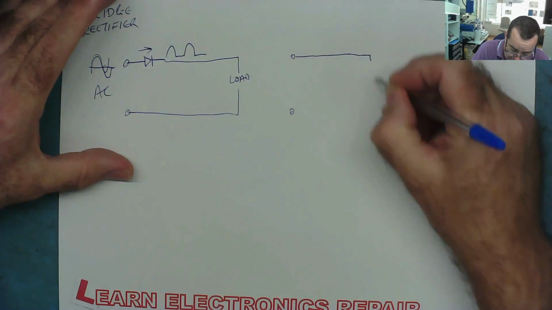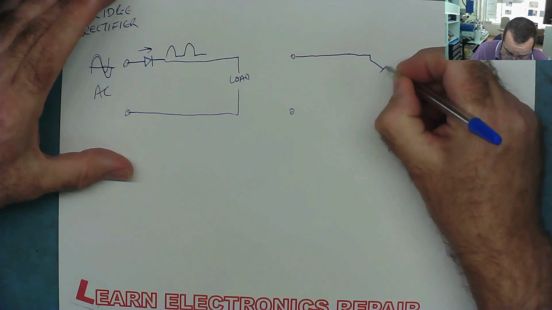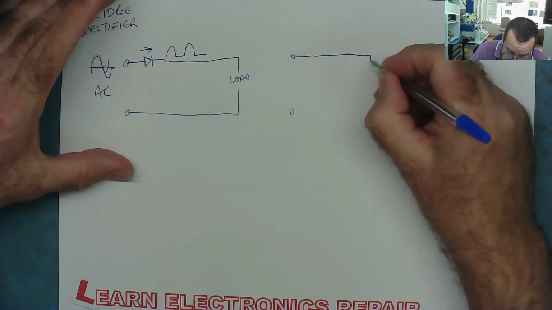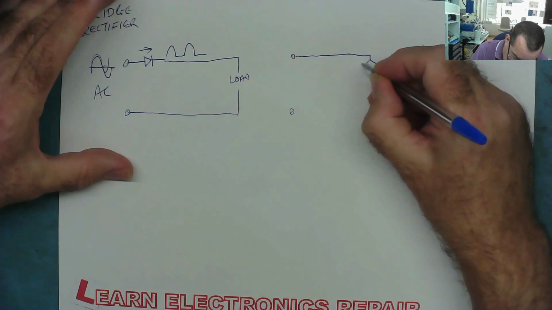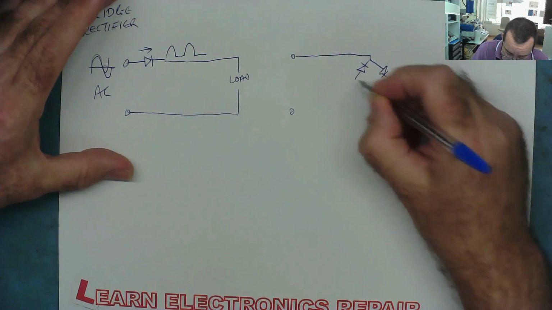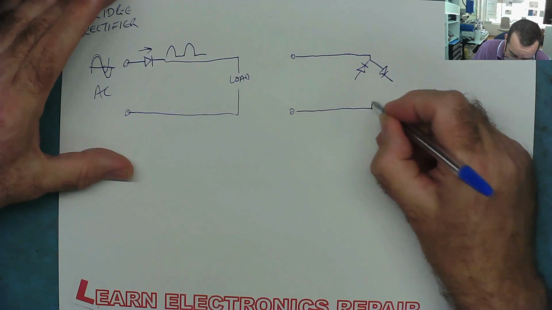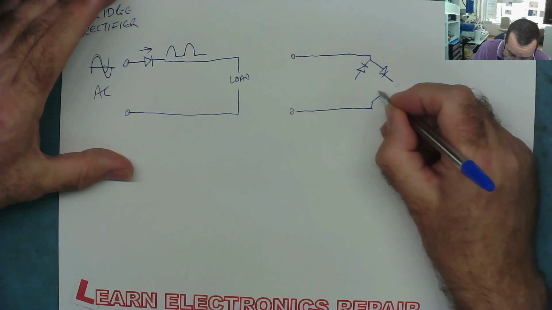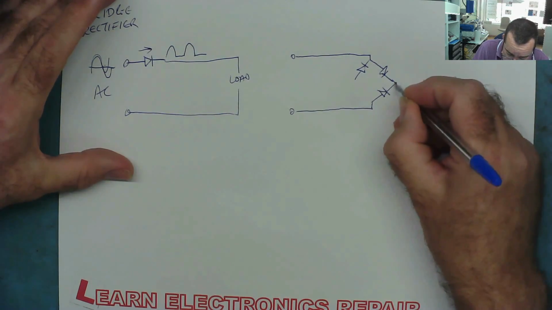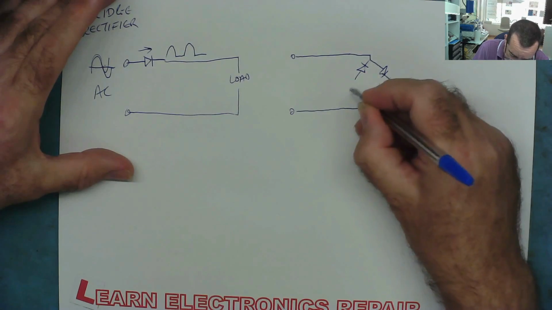So we have 4 diodes coming from the first one here. There's 2 diodes. And I always have to refer myself because I tend to get them the wrong way around. 2 diodes like so. Okay, and coming from the other one again is 2 diodes, one pointing that way to here and one pointing the other way to here.